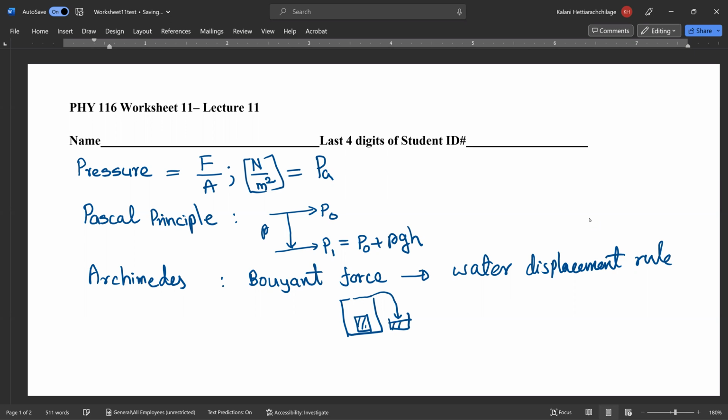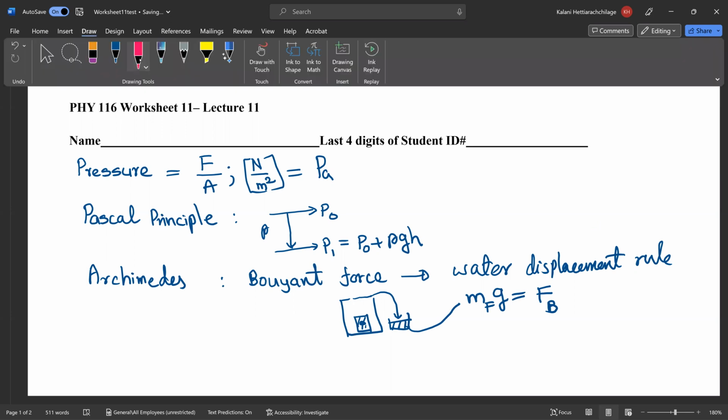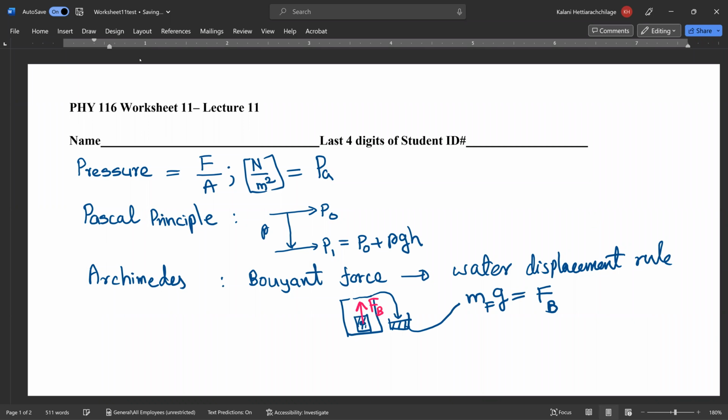Now, if you take the mass of this displaced fluid times g, that is what we call the buoyant force that acts on this object. That force is in the upward direction. That's how we can calculate that force, right?